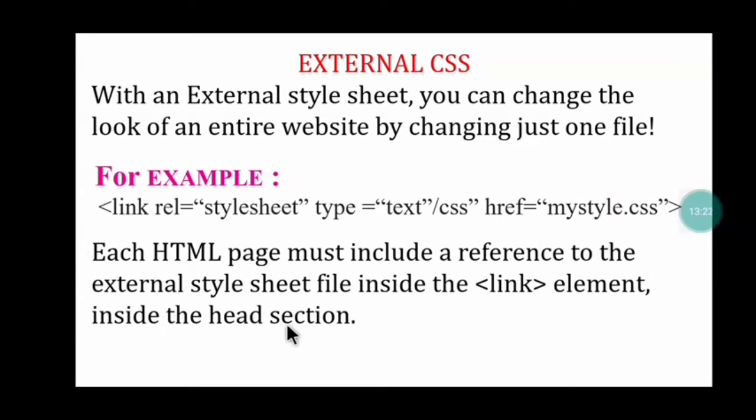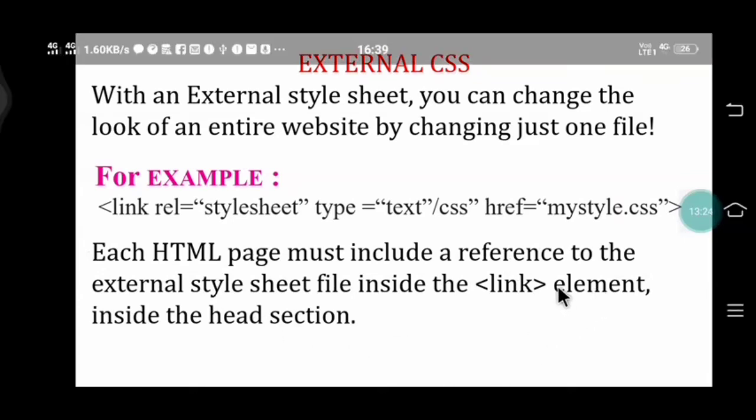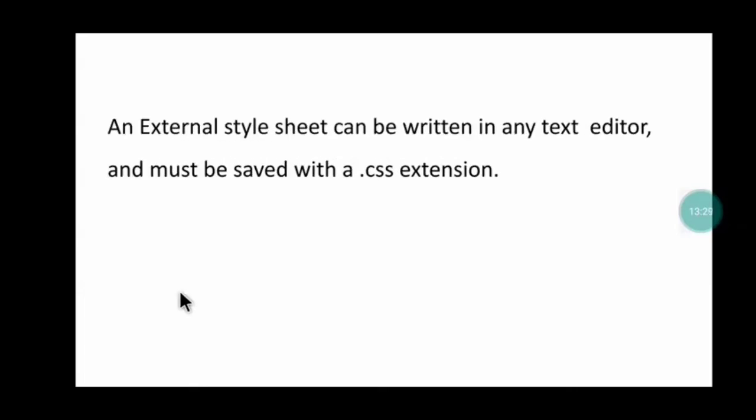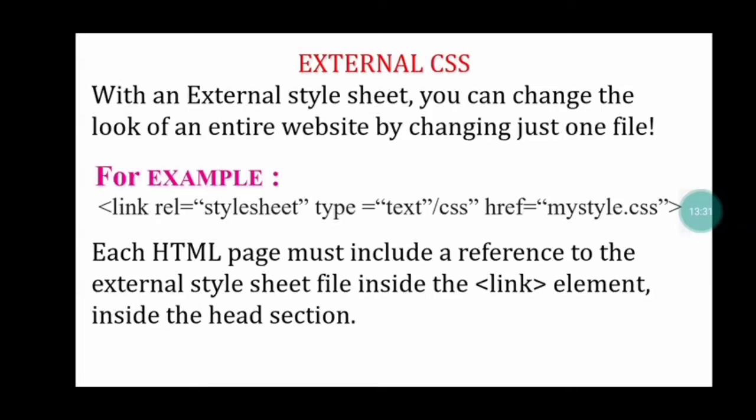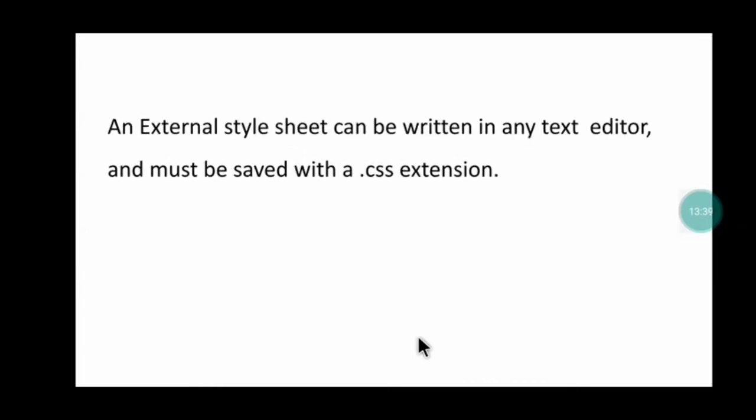Now each HTML page must include a reference to the external style sheet file inside the link element inside the head section. An external style sheet can be written in any text editor and must be saved with a .css extension.